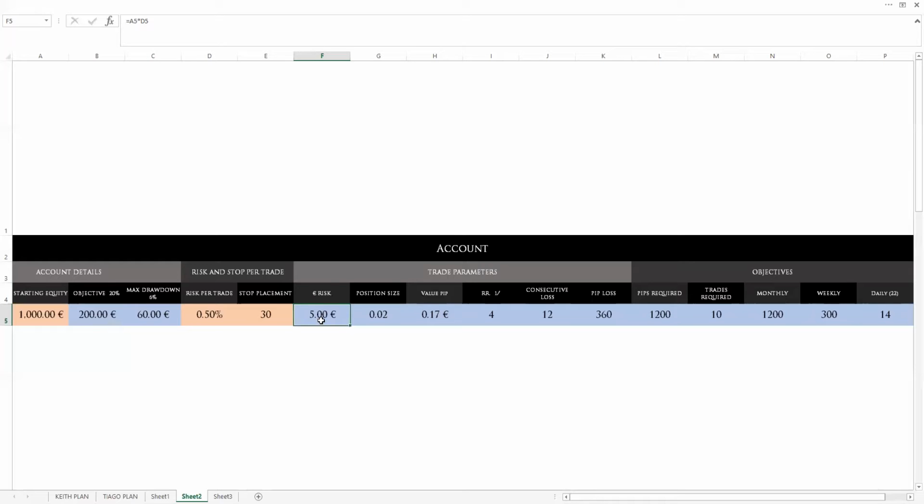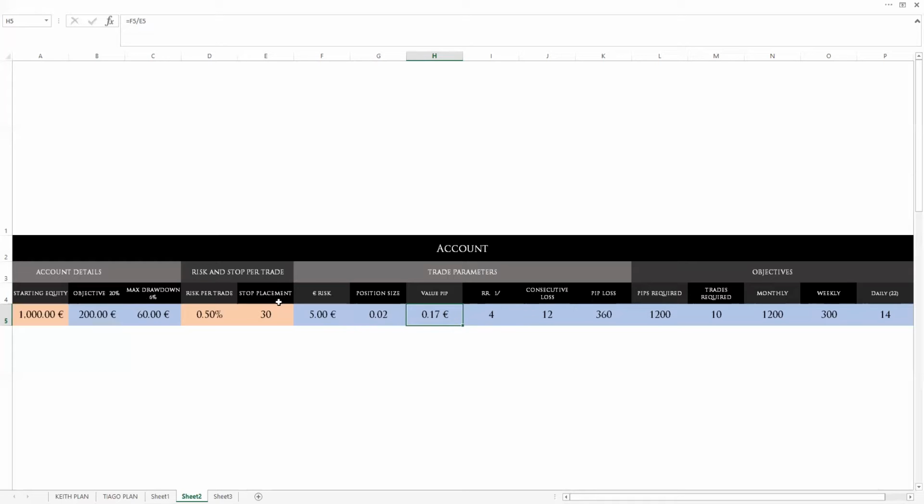That means if I have 0.5 percent of risk, I have 5 euros at risk. That means for this stop loss of 30 pips, my position size would be 0.02, value per pip 17 cents. Now this is based on euro dollar.